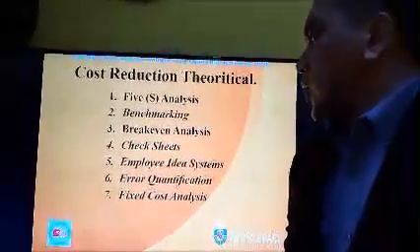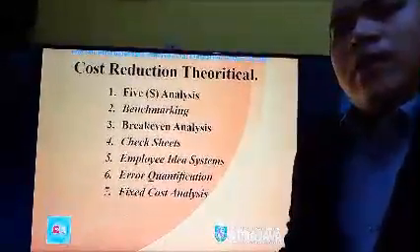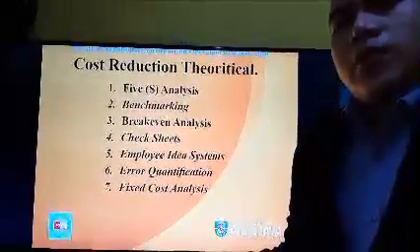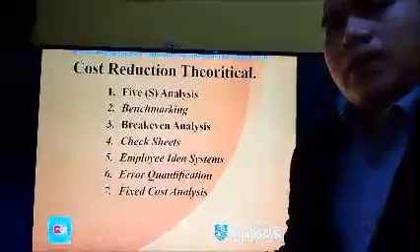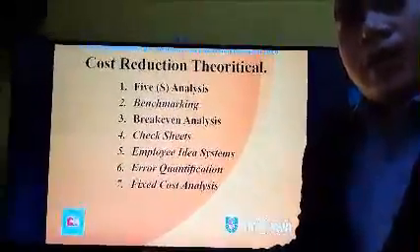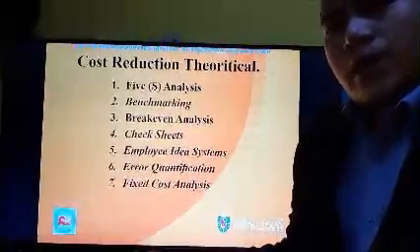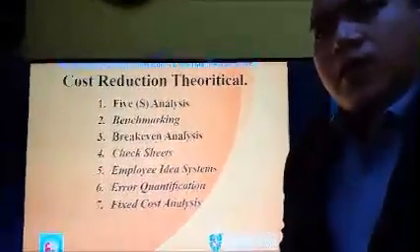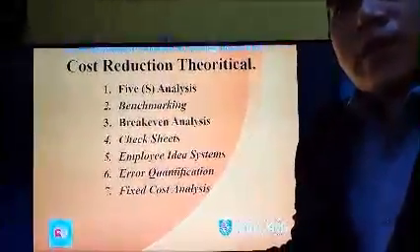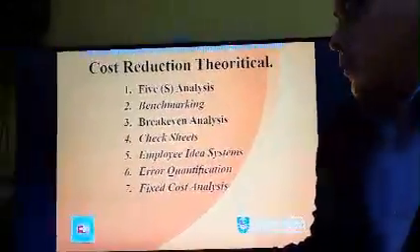The third thing is break-even analysis. We must analyze how to prevent any downtime of the production, so we can achieve the target every day, every month. If the target is achieved, that means the production will give the company the best profit.